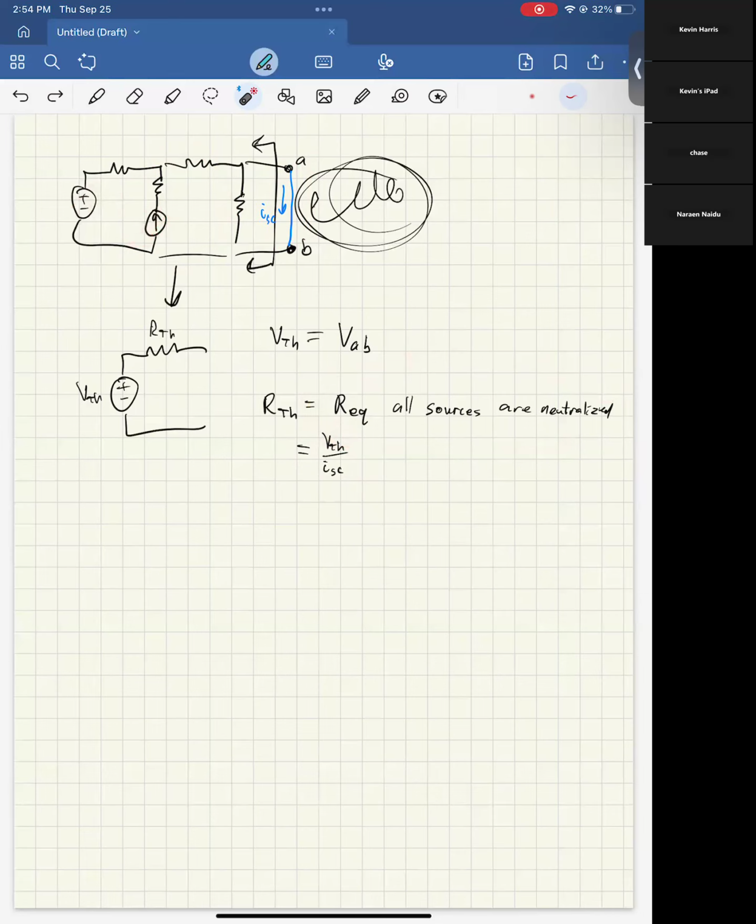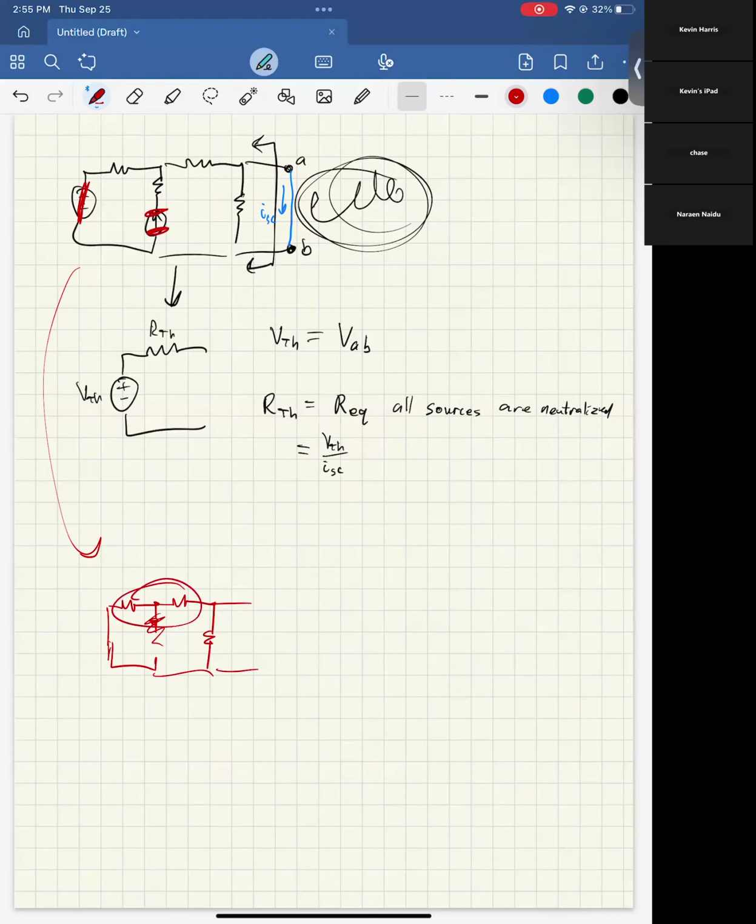So like in this case, you would make this a short, this an open circuit, and then let's see, it would go to something like that, but it's broken there, so we don't actually care about that branch. And then we combine all these resistors.